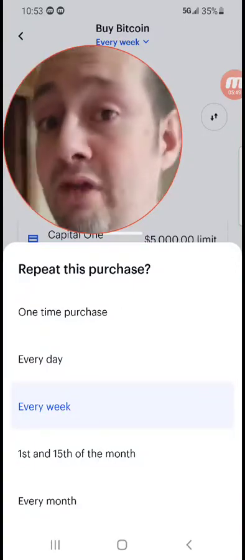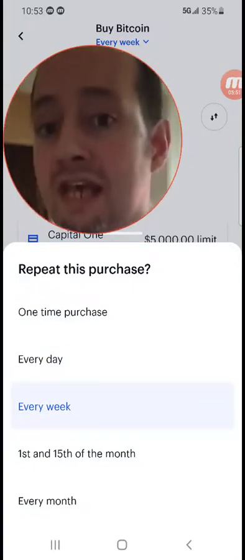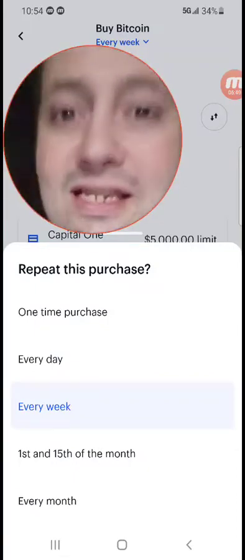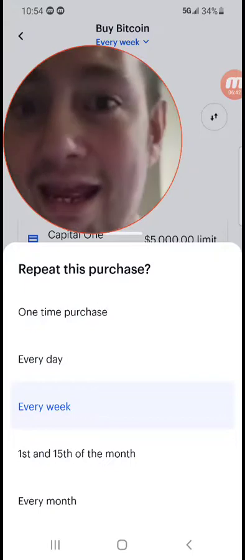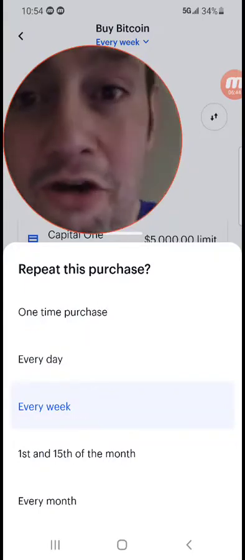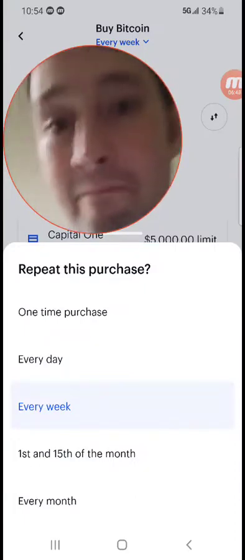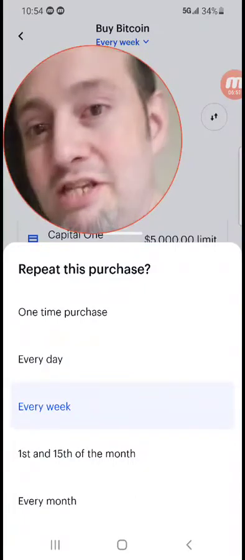And that's something you got to be aware of with dollar cost averaging. If you don't have a steady paycheck, then I wouldn't set up the exact time, and you might lose some. I don't mean lose money, but you might not buy at the best price every single time.